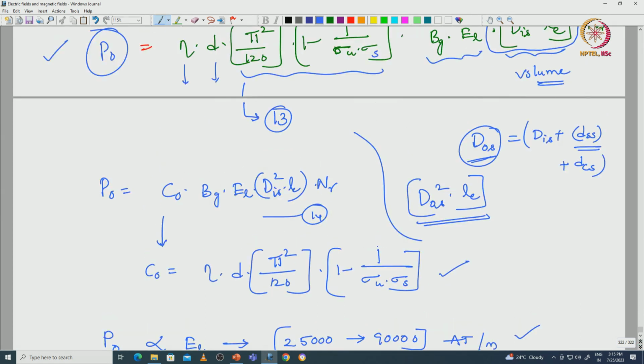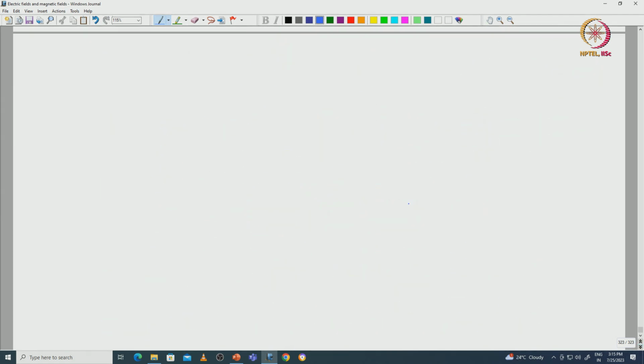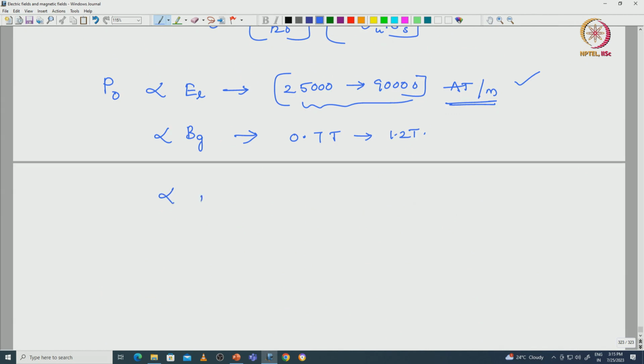Similarly, the output power is directly related to the speed of the rotor and the volume product. If we increase the volume product, power will automatically increase. It is also directly related to the duty cycle; the excitation pulse or excitation current will vary the output power, and it is directly related to the efficiency also.